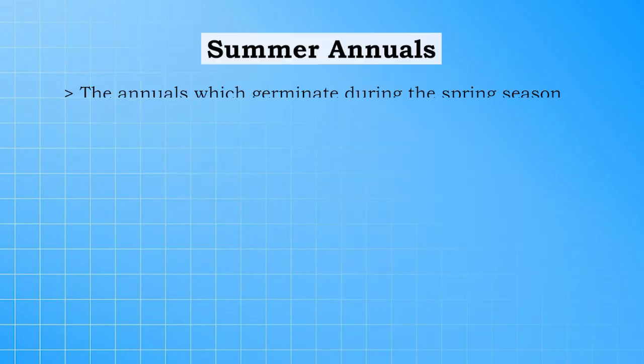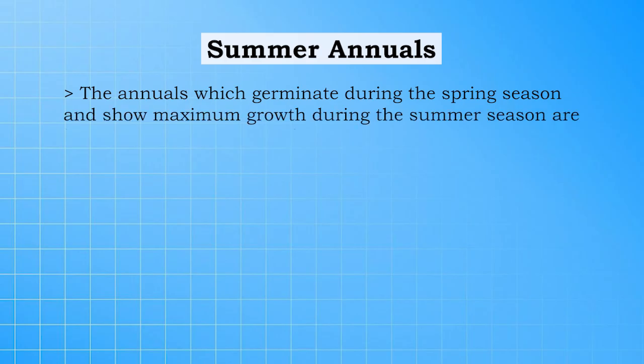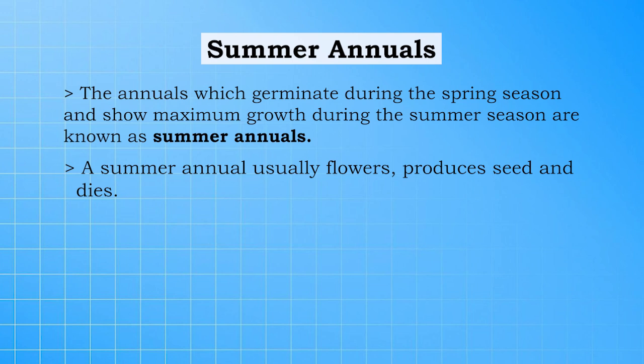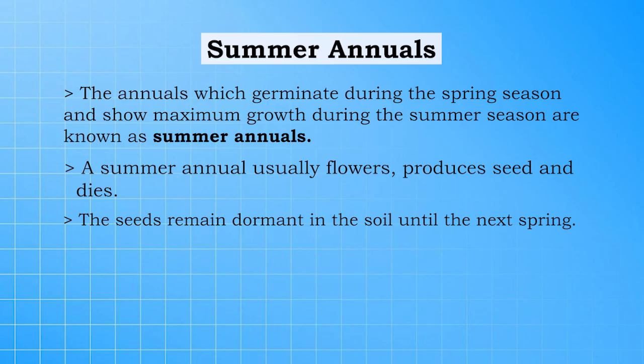The annuals which germinate during the spring season and show maximum growth during the summer season are known as summer annuals. A summer annual usually flowers, produces seeds and dies. The seeds remain dormant in the soil until the next spring.